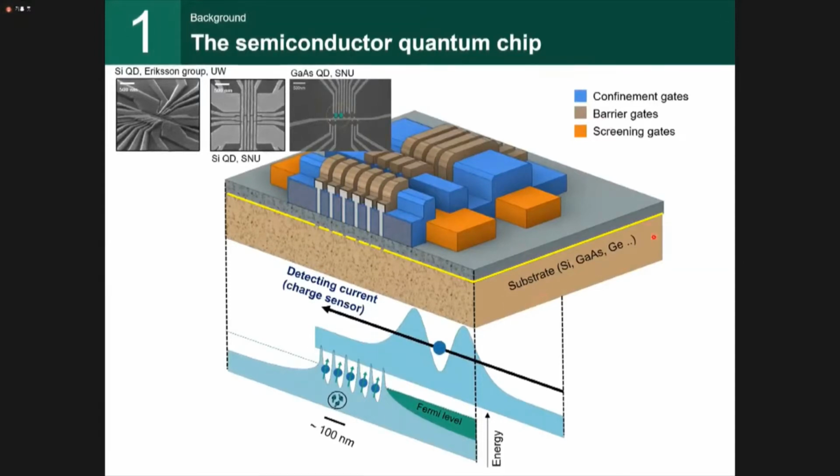We start with high mobility semiconductors like silicon, gallium arsenide, or germanium. We make nanogates on top of the surface. You are seeing examples of silicon devices made in Wisconsin, USA, silicon quantum dot devices in my lab, as well as gallium arsenide quantum dot devices.